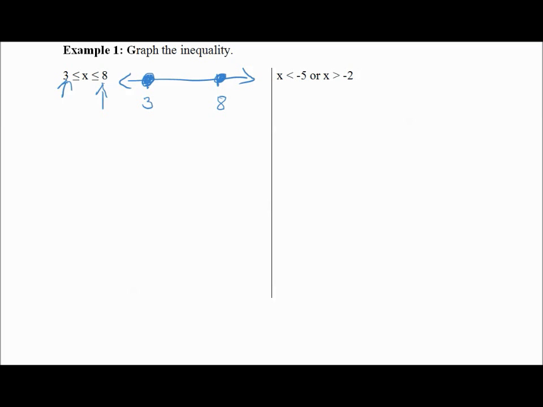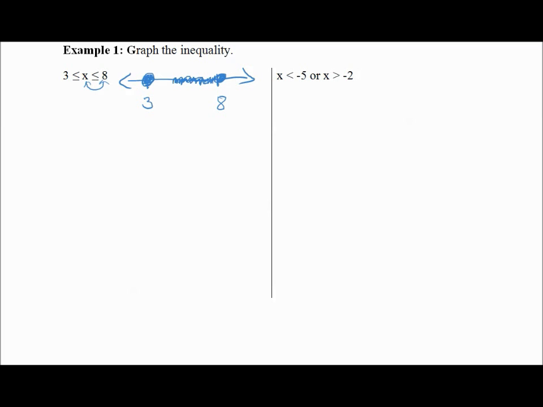Now if I look at this section, I want x's that are less than or equal to 8. On my number line, x's that are less than or equal to 8 are going to be to the left of 8.